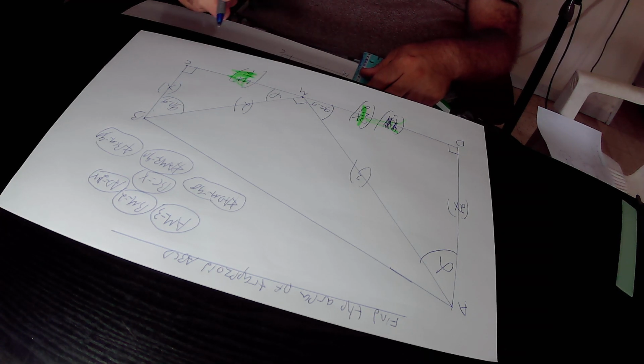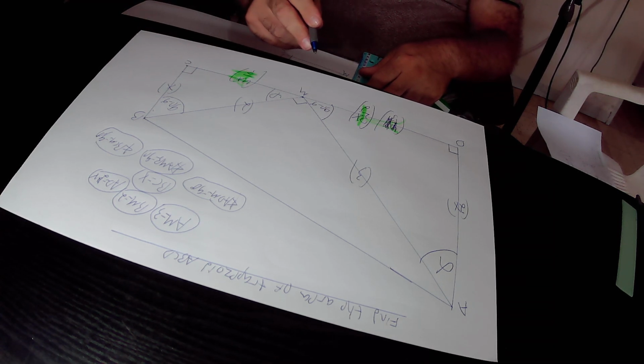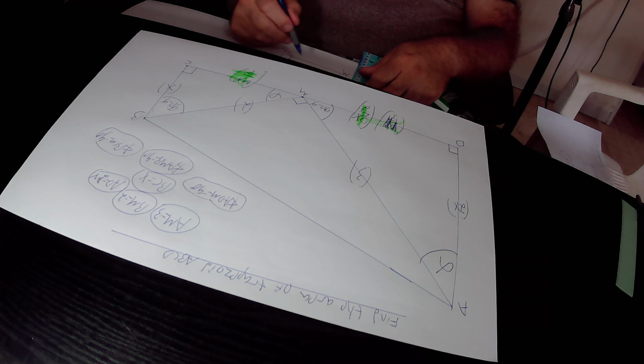The hypotenuse BM equals 2 units in length, BC equals x, and we just found that MC equals 4x over 3 units.